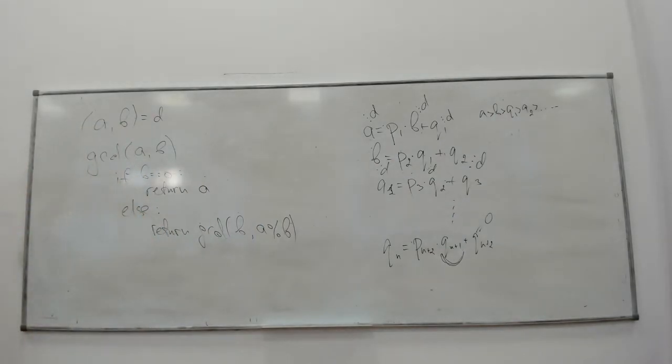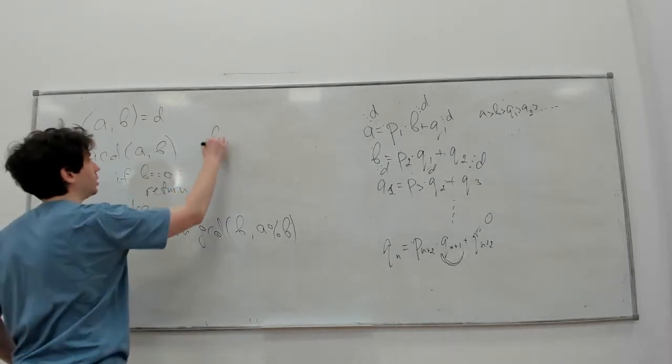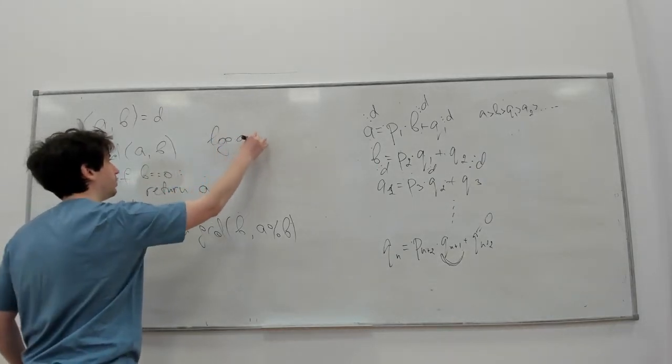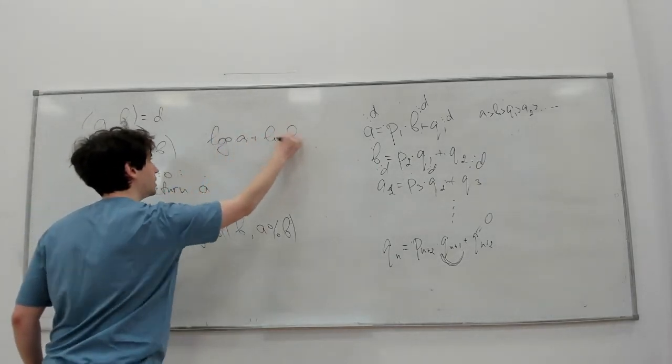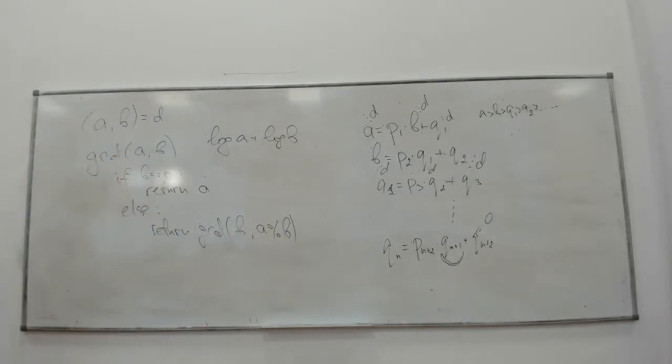The idea behind it is that it works in logarithmic time, depending on the numbers. So it will work in log A plus log B. The proof is a little bit tricky, so you have to know what Fibonacci numbers are. Do you know what Fibonacci numbers are?